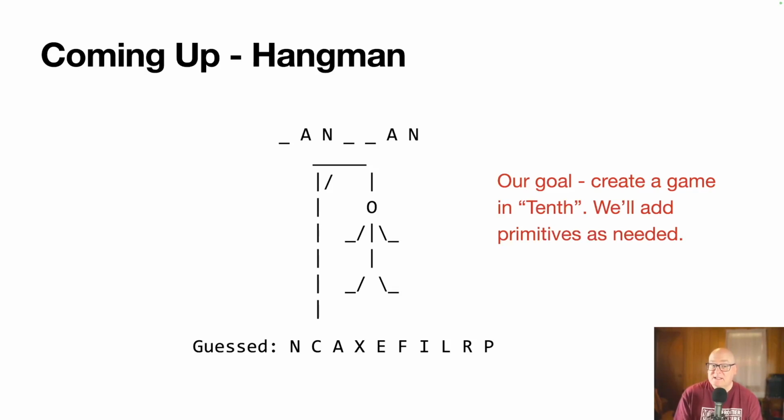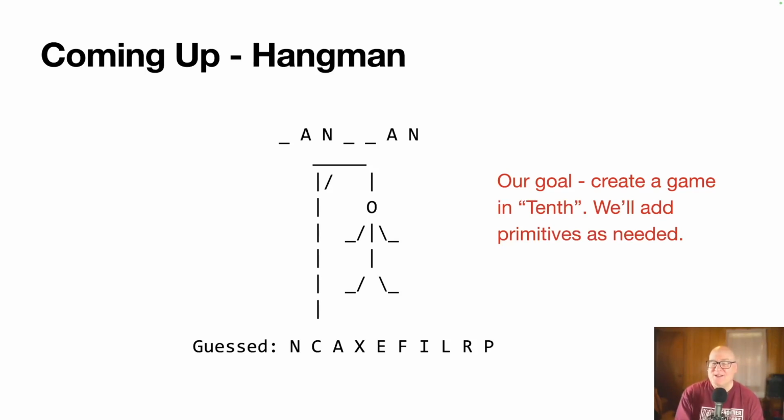And then they guess C, and the person hanging there wasn't there. Then you draw the head. Then we guess A. Well, that's in the list. It's fine. And you add it. And then they guess X, and it's like, that's not in there. Okay, now you get a body. And your goal is to guess the word before the body gets filled in and the player is hung. Not a politically correct game, but it's about the right size for us.